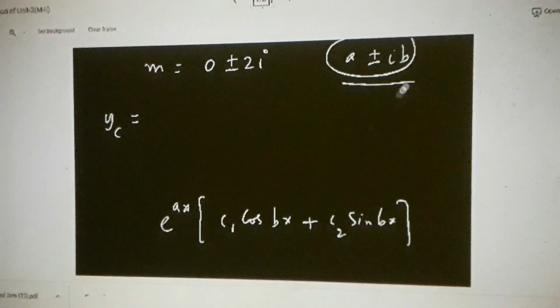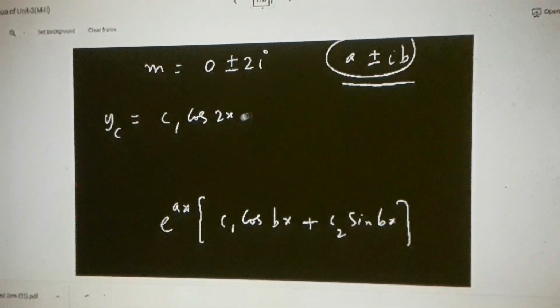Now for this pair of roots, 0 plus or minus 2i, yc will be e to the power of 0x into... because e to the power of 0x is 1, I may avoid writing it. So yc is c1 cos 2x plus c2 sin 2x, since the b value is 2.